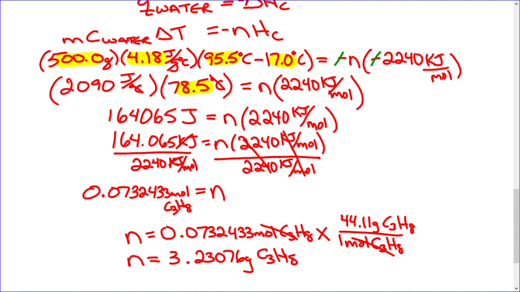This one had 4, so when I multiply this together, all of those would count, but when I multiply it by the temperature, I should only be at 3. On the right-hand side, nothing changed, 2240, so 3 digits all the way through. Even when I change joules to kilojoules, I still have 164, so it looks like I have 3 and 3, which is good.